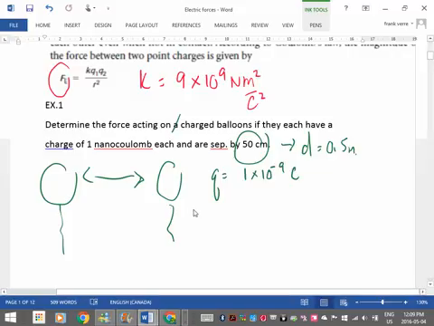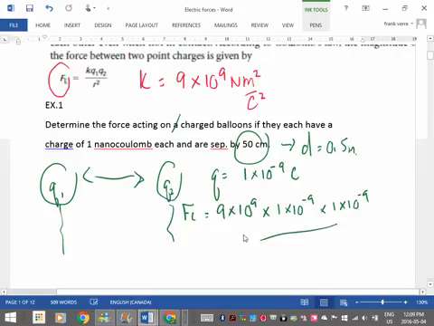So we can measure that force because the equation is K, which is 9 times 10 to the 9, times Q1. So we'll call this Q1, which is 1 times 10 to the negative 9, times Q2, which is the same, 1 times 10 to the negative 9.